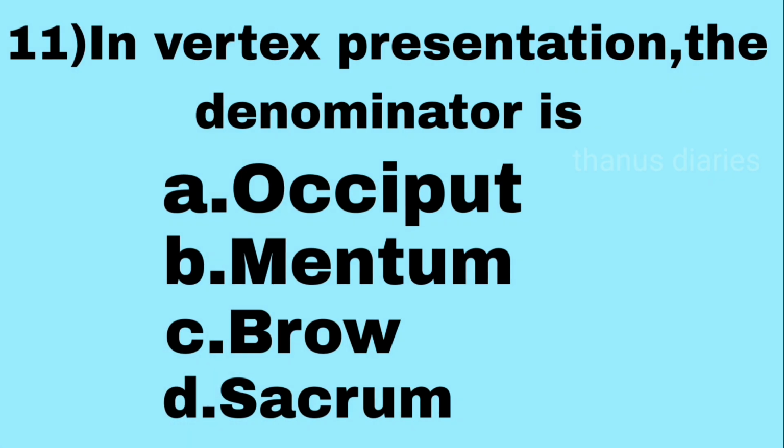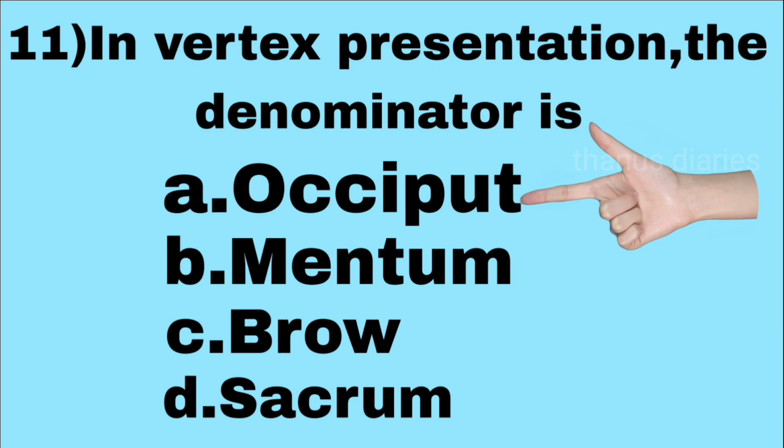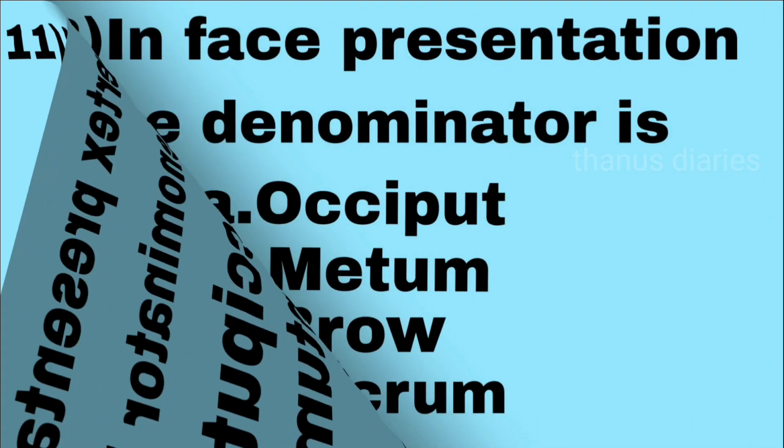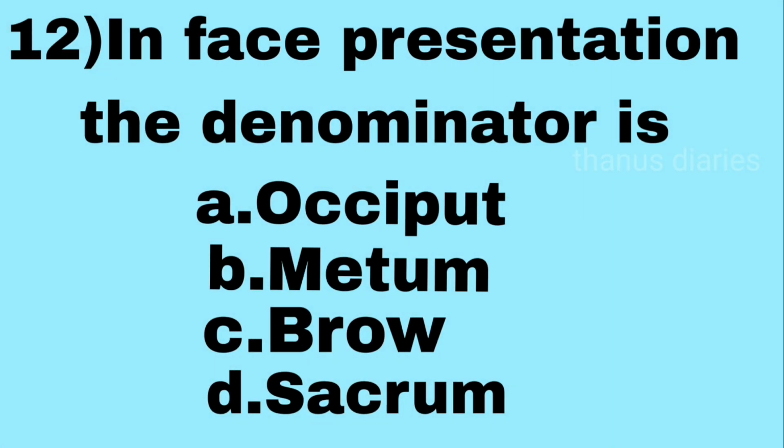In vertex presentation, the denominator is: occiput, mentum, brow, sacrum. The answer is occiput. In face presentation, the denominator is: occiput, mentum, brow, sacrum.